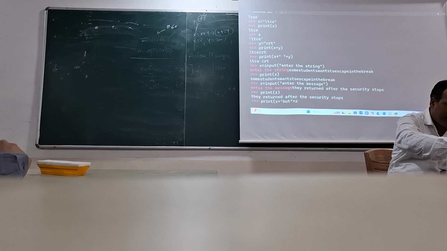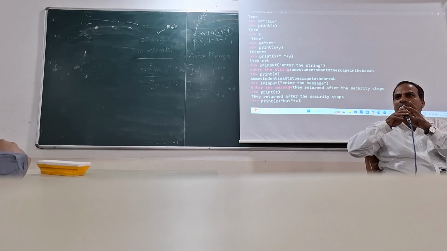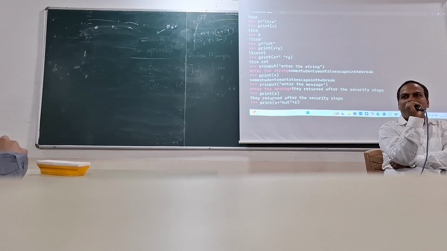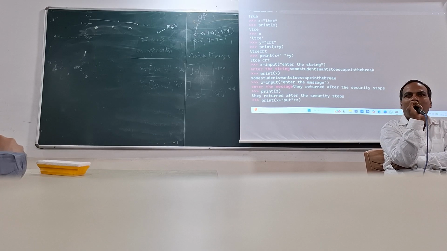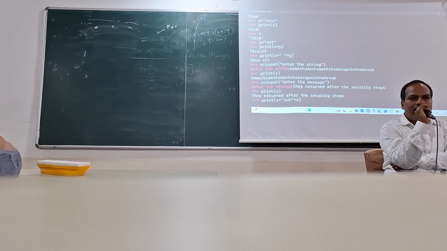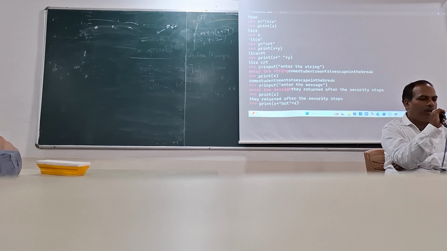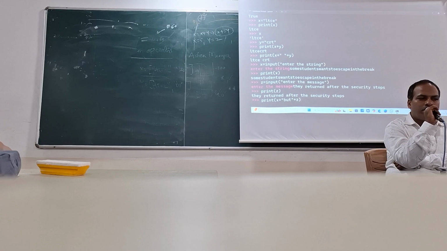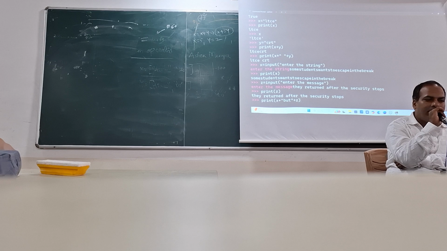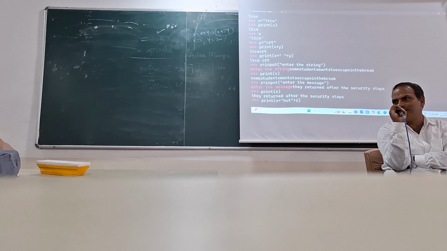Can anyone tell me now what the output is? I am just doing some operations on the string. I am printing x first, and between x and z I am adding "but". Now what is the message you get? Some students want to escape in the break, but they return after the security stops.